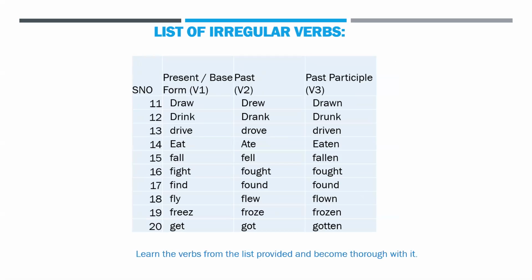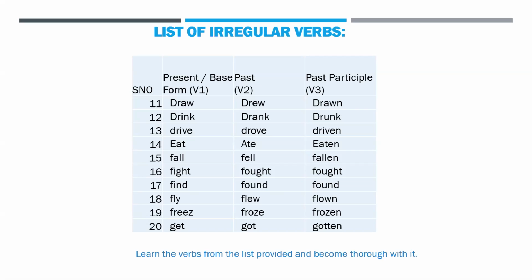Fall, fell, fallen. Okay, you have fight, fought, fought there. Find also becomes found and found. Fly: the past tense of fly is flew, FLEW, and the past participle is FLOWN, flown. In the same way, freeze, F-R-E-Z-E, becomes froze, F-R-O-Z-E, and frozen.